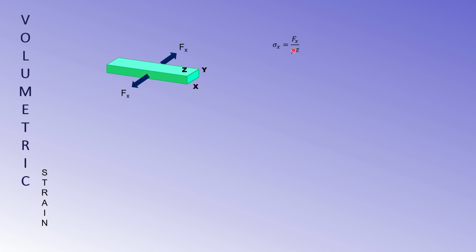Remember, for direct stress the area should be perpendicular, at 90 degrees, to the line of action of the force. So any plane perpendicular to Fx is the cross-sectional area. In this case it is this length y multiplied by this length z.